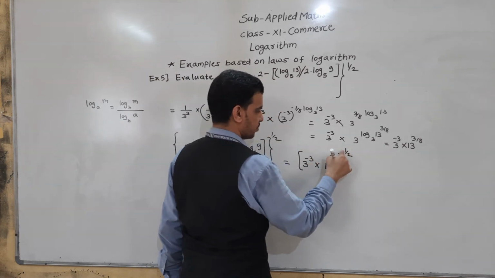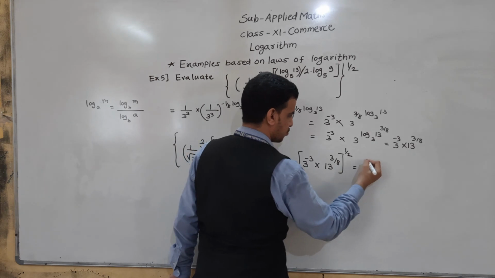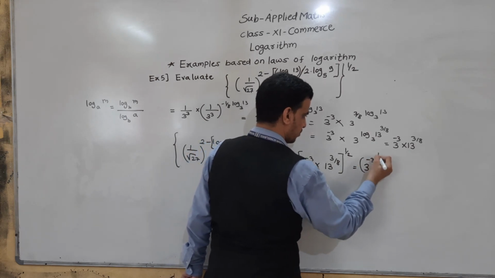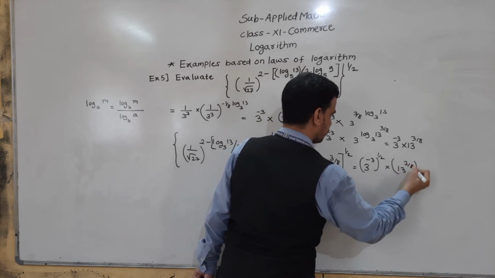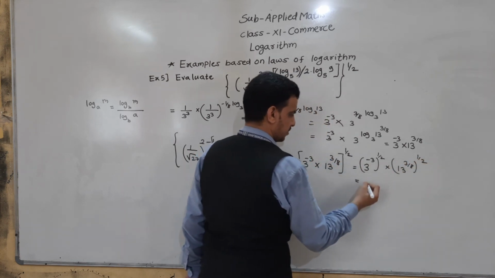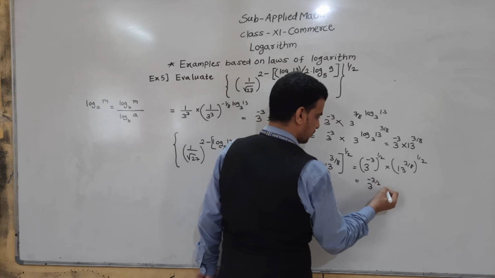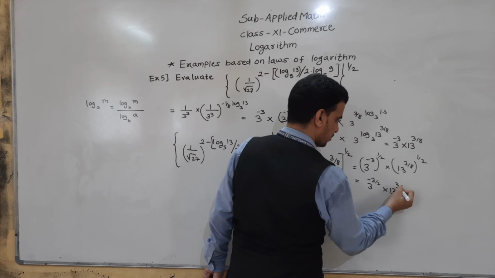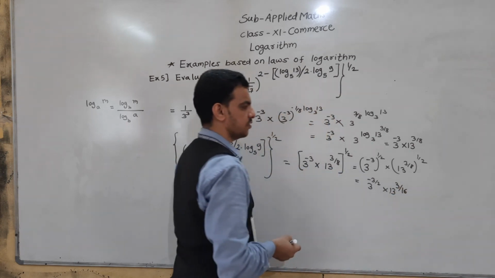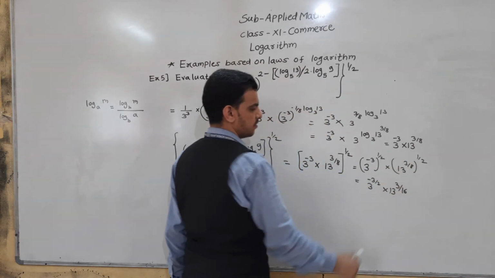This 1 by 2 is for both terms, that is 3 raised to minus 3 raised to 1 by 2 and 13 raised to 3 by 8 raised to 1 by 2. So it is 3 raised to minus 3 by 2 into 13 raised to 3 by 16, since 3 by 8 into 1 by 2 is 3 by 16.